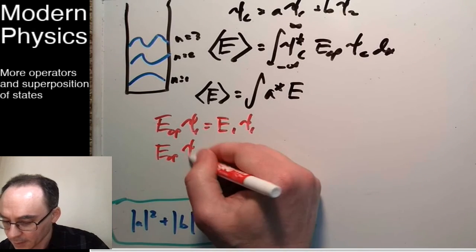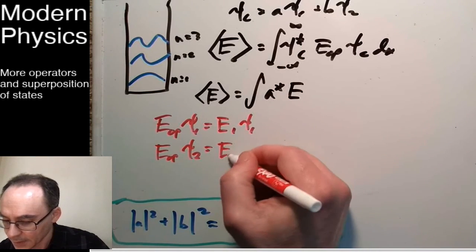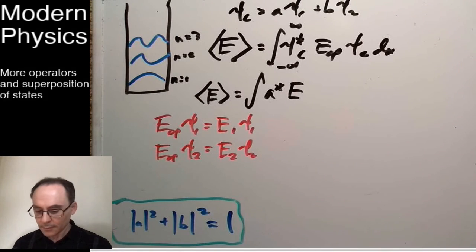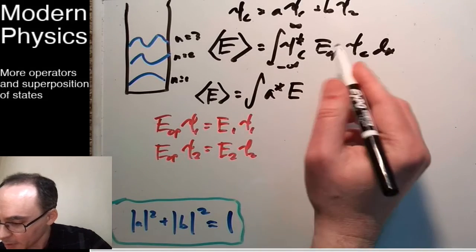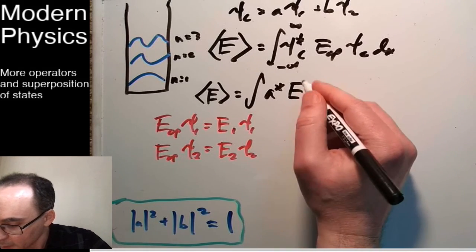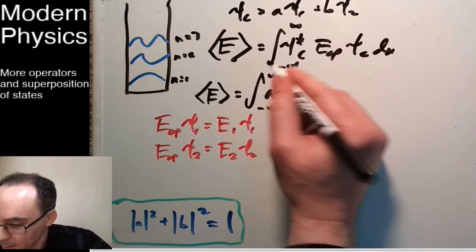Energy operator acting on psi 2 is just E2 psi 2, the energy of the n equals 2 state.